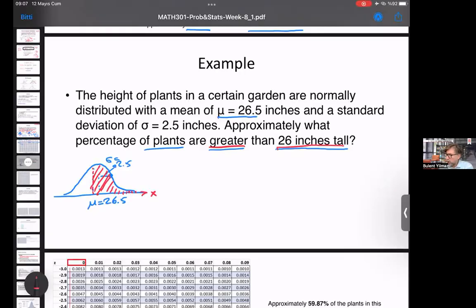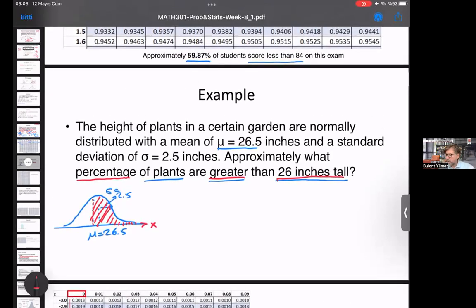Or what is the percentage of plants whose heights are greater than 26 inches tall? Now, I want you to solve and write in the chat and then tell me what the Z value is, okay? Just Z value, please.